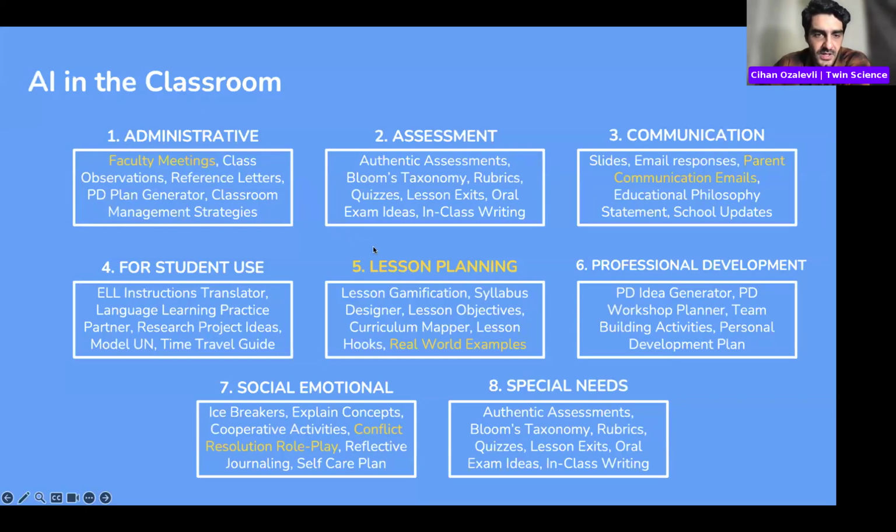So we will show two examples from lesson planning, one administrative example, one example from communication, and one example from social emotional learning. So I just want to check the responses.